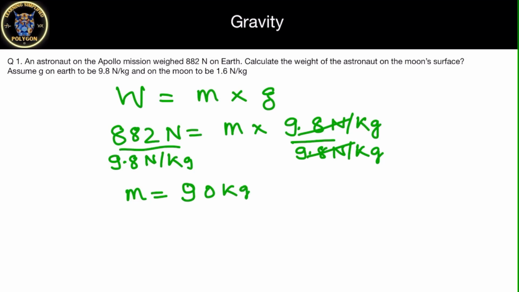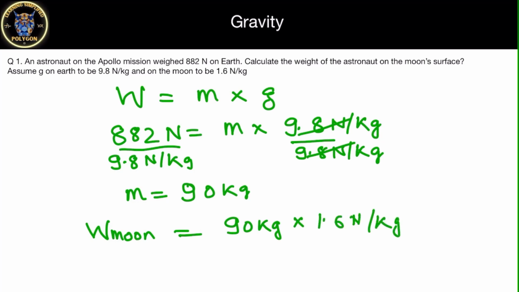Now that we know the astronaut's mass to be 90 kilos, let's calculate the astronaut's weight on the Moon. W equals 90 times 1.6, which is 144. So the astronaut's weight on the Moon is 144 newtons.